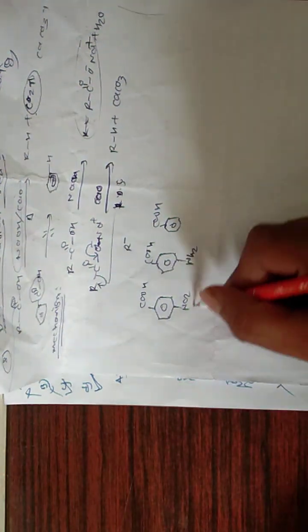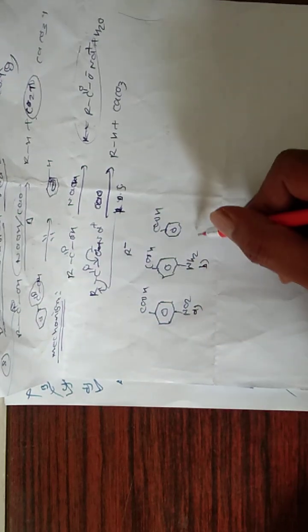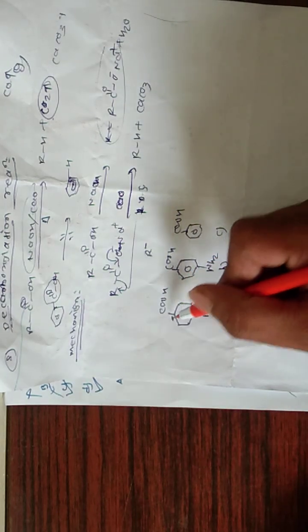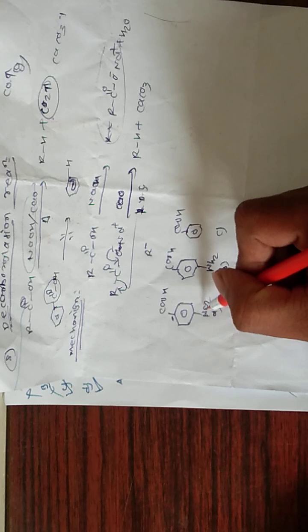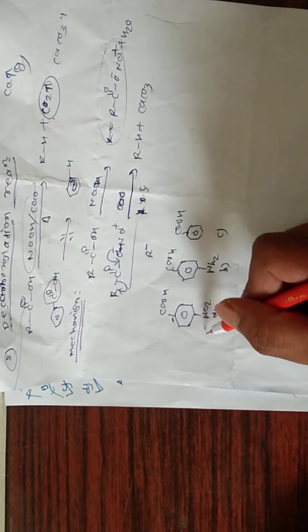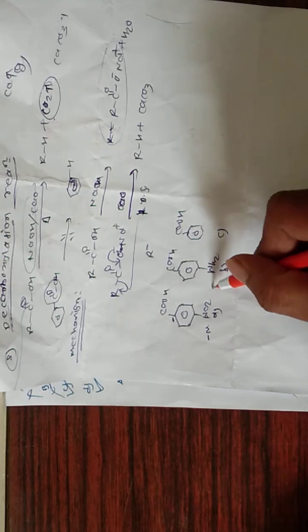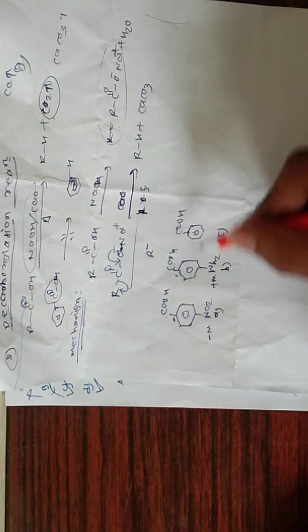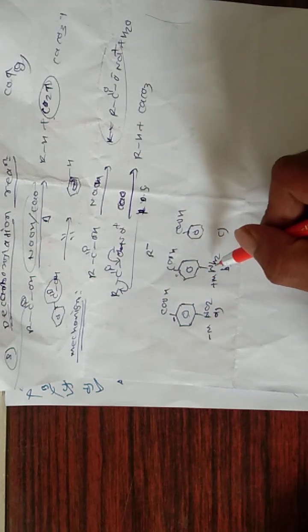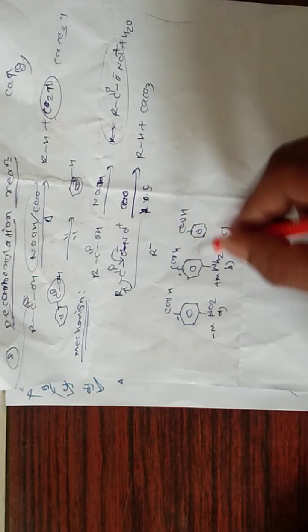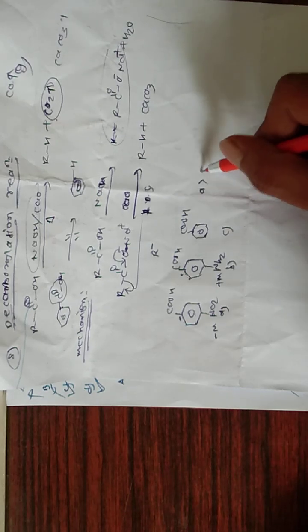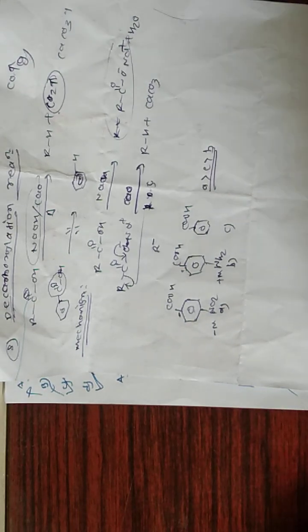Let's mark them as A, B, C. Here an electron withdrawing group is there, a negative charge will be formed here, and this will be well stabilized by the benzene ring as well as the minus M effect of NO2. NH2 will give plus M, and this negative charge is much less stable compared to this, also due to the plus M effect of NH2, and benzoic acid is intermediate between these two. So what is the rate? A, C, B. So this is the rate of decarboxylation reaction.